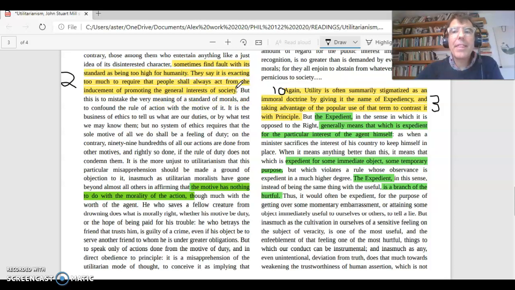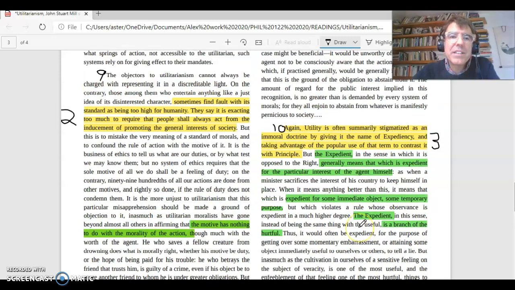Like we walk around thinking about all of society all the time, and we're motivated by doing good for society all the time. And the objection is that this is too much. We can't handle this. Mill, in his first response, says that the motive has nothing to do with it. So no, we don't have to go around being motivated by the general interests of society all the time.